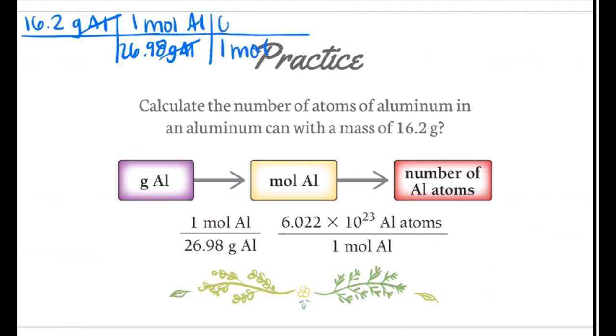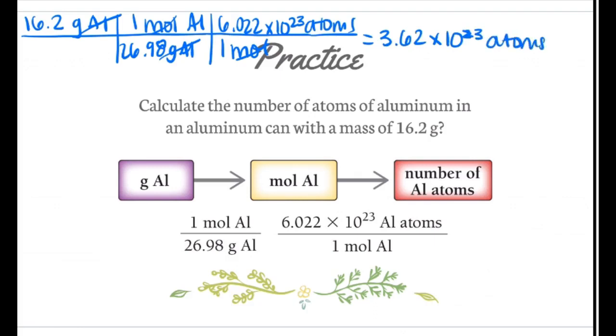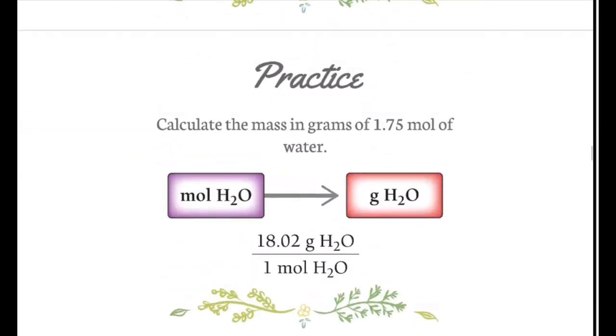In 1 mole, I'll have Avogadro's number of atoms. Cancel my moles out. Now I have atoms of aluminum. And I should get 3.62 times 10 to the 23 when I account for sig figs. Another practice. Go for it.